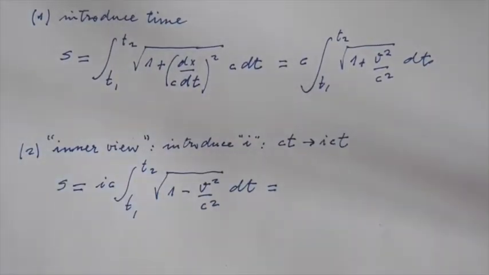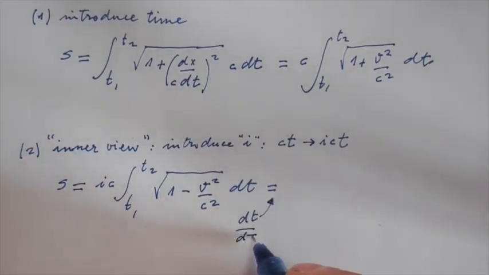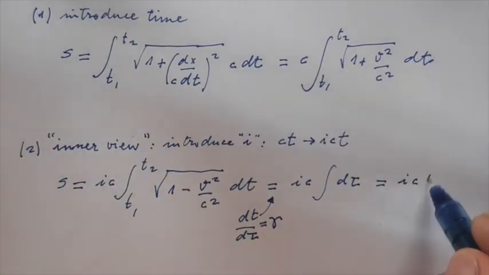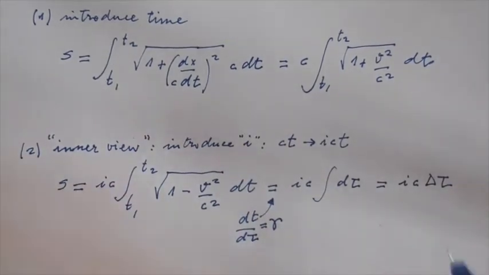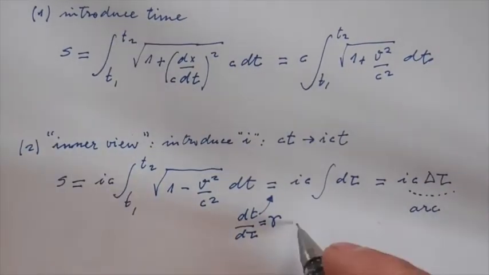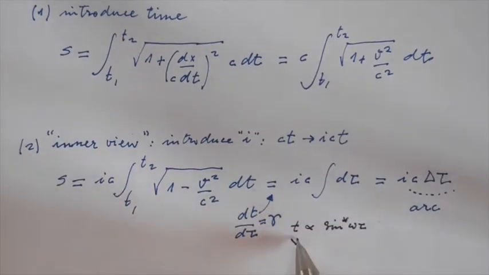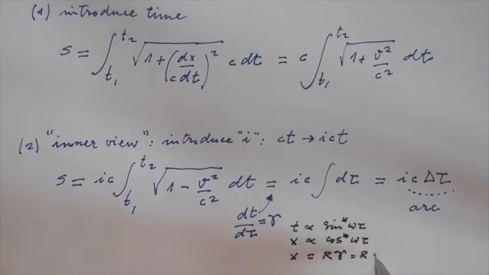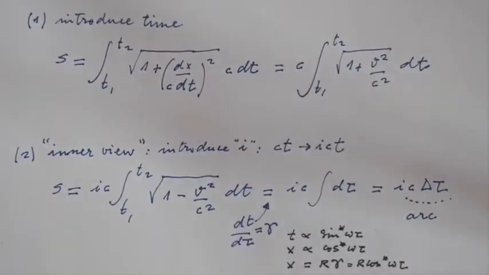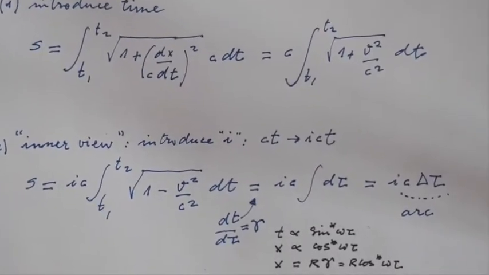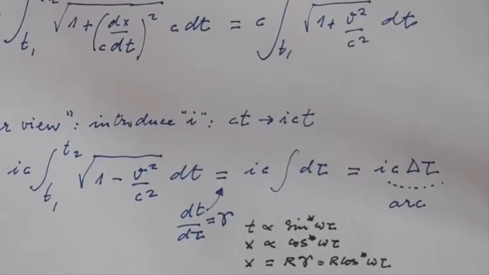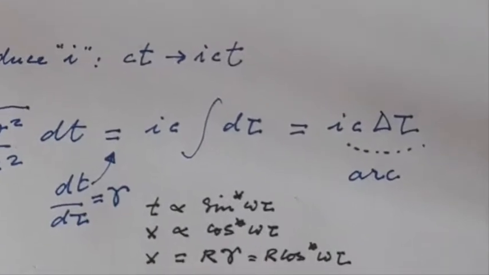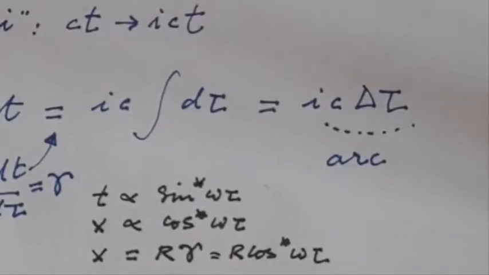Then, by applying the fact that the derivative of t with respect to tau is the Lorentz factor itself, this integral ends up becoming i times c delta tau. ic times delta tau is also an arc of circumference. That is, the fact that the relation dt over d tau equals gamma was applied also introduced a concrete relation between t and x, which is the relation of the circle since t is proportional to the sine and x to the cosine.